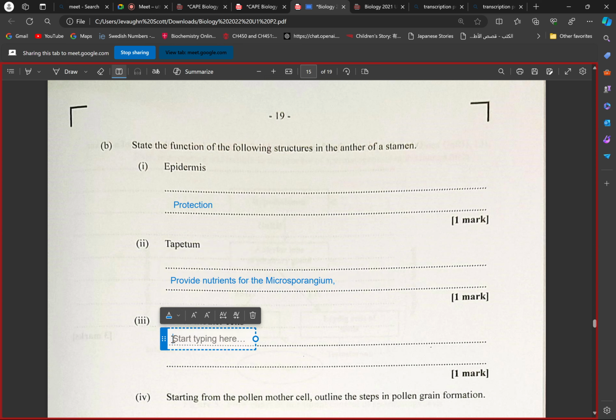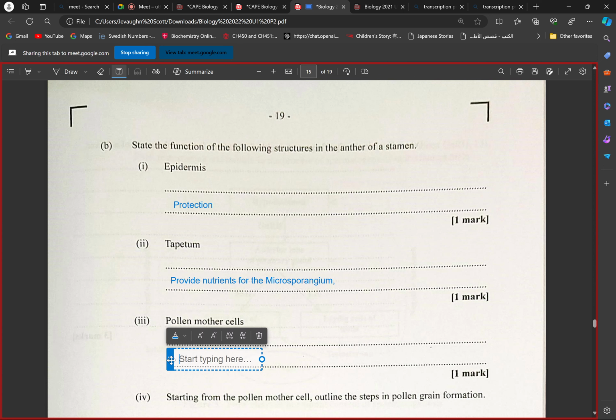What is the purpose of our microsporangium? What is the function of our microsporangium, or what we call our mother cells? Go ahead. It undergoes microsporogenesis to give rise, it depends, to four pollen. It's going to develop into the pollen grain, which will have the generative cell nucleus and the pollen tube nucleus.